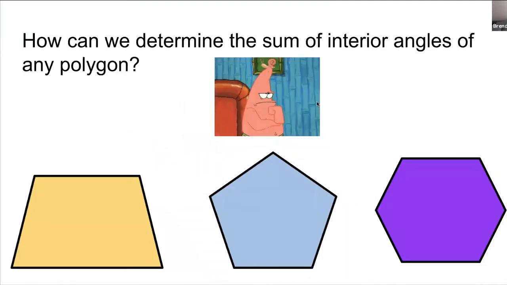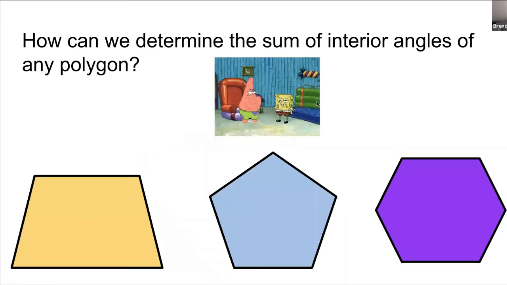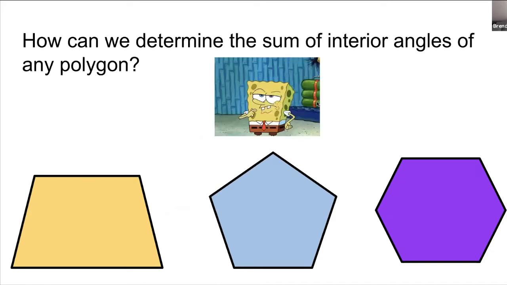We're now going to apply that idea to interior angles, but not only in a triangle, also to any polygon. So I want you to think for yourselves, how can we determine the sum of interior angles of any polygon? Not just a triangle, but any shape that we have. It doesn't mean that it has to be regular.